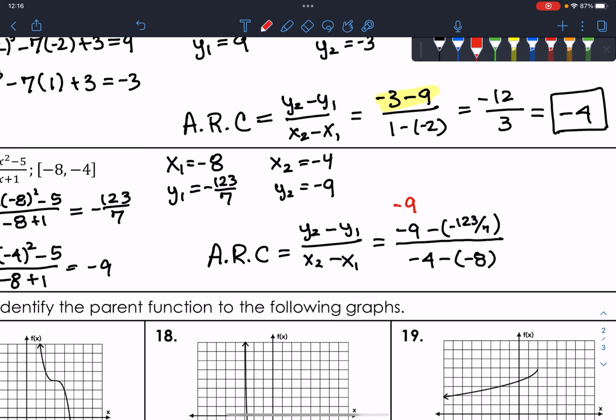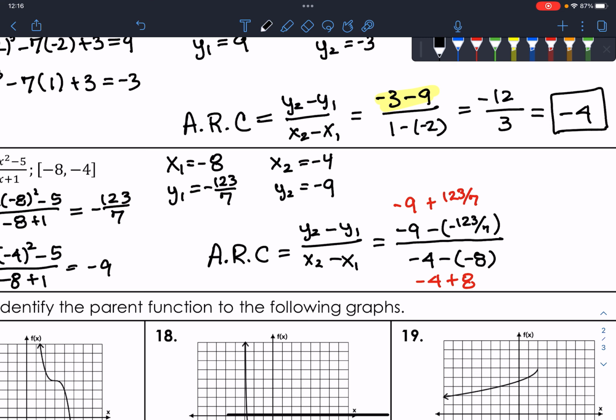So what we're technically doing is getting negative 9 and adding the fraction 123 divided by 7. And on the bottom, the same thing. Instead of subtracting a negative 8, we can simply add a positive 8, since 2 negatives make a positive.